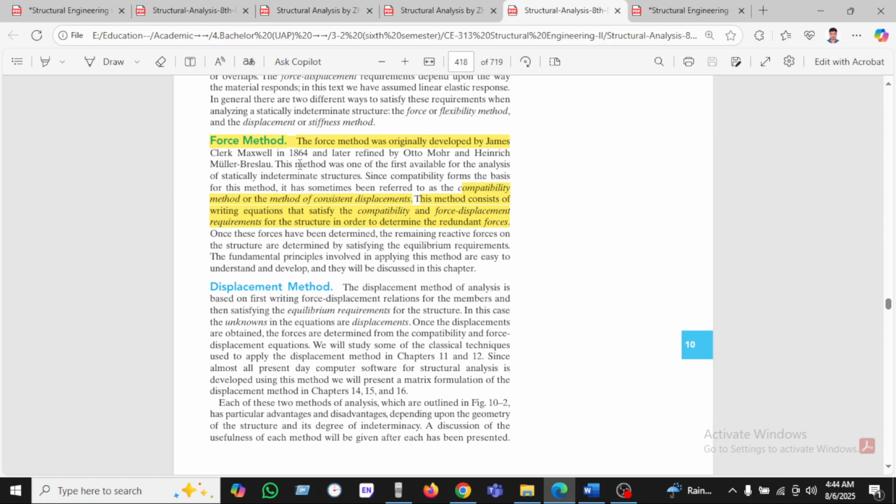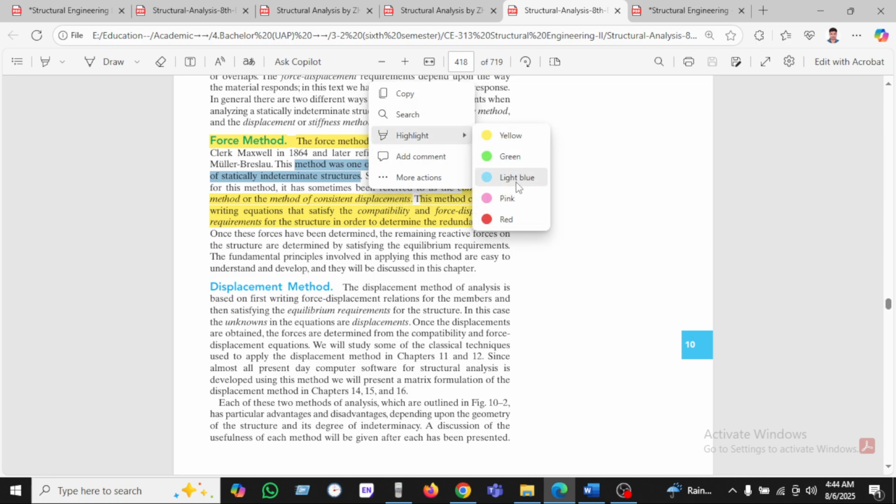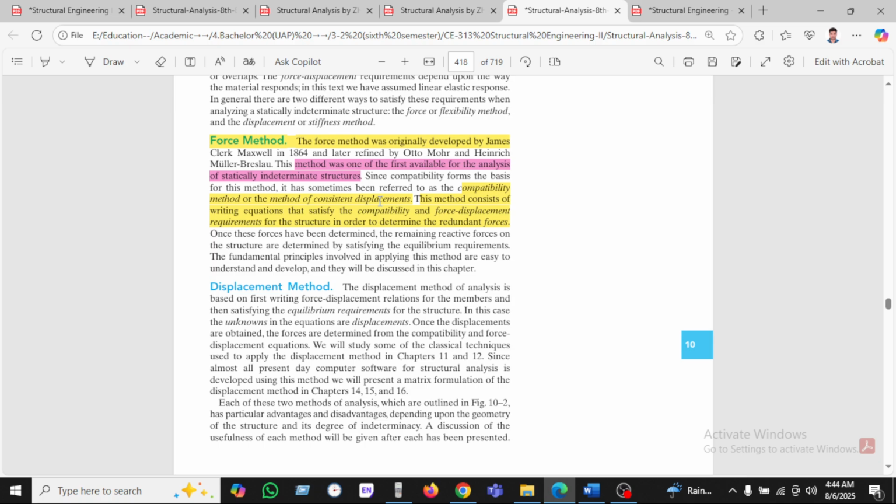The force method was one of the first available methods of analysis of statically indeterminate structures. Since compatibility forms the basis of the method, it is sometimes referred to as the compatibility method or the method of consistent displacement. This method consists of writing equations that satisfy the compatibility or force-displacement requirements of the structure in order to determine the redundant forces.